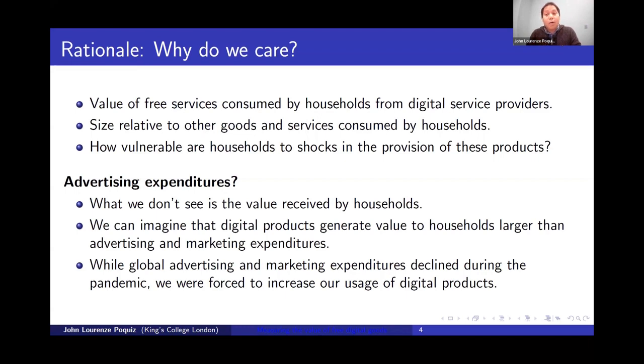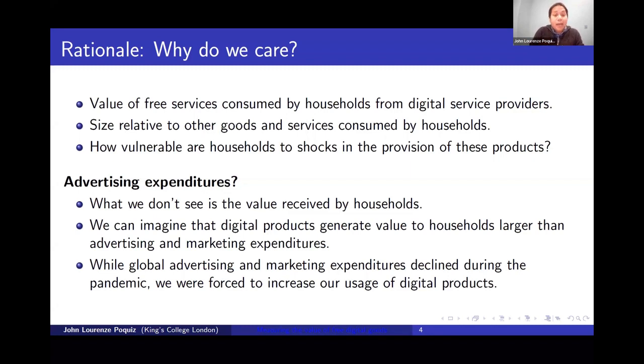So if you're looking at how much value you derive from WhatsApp or Gmail or personal email, we cannot see that as a consumption good in the national accounts. So that limits the ability of the national accounts to tell us how much these goods mean to us.